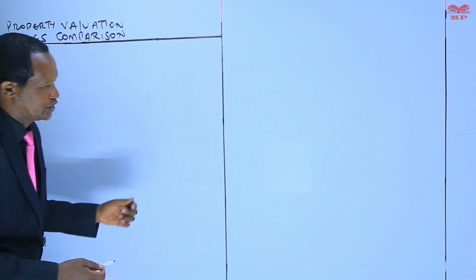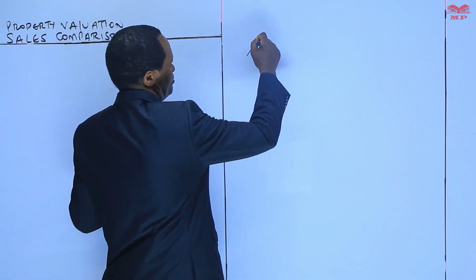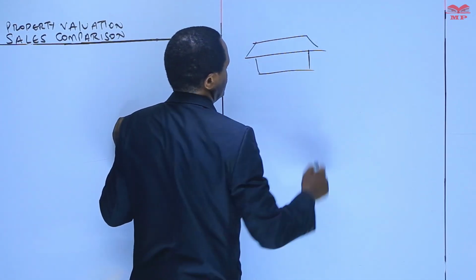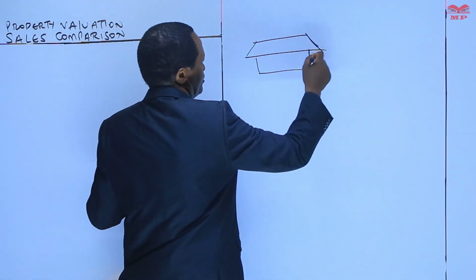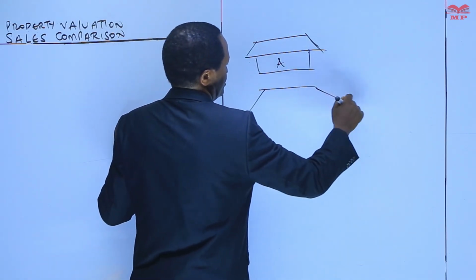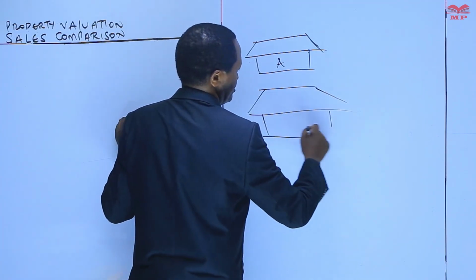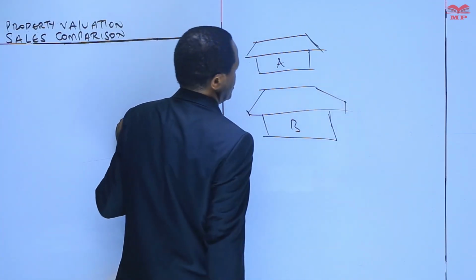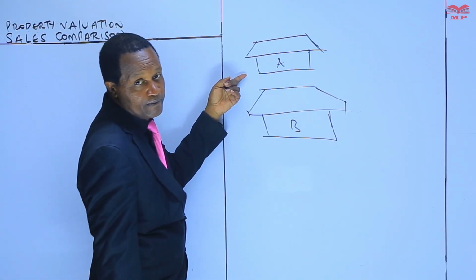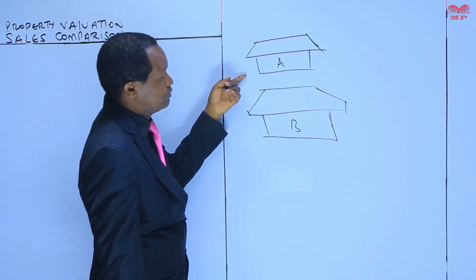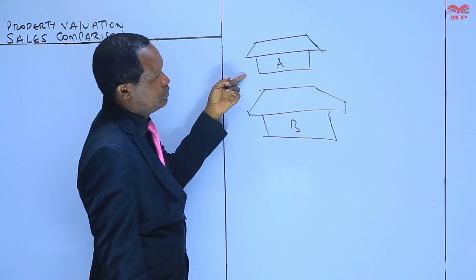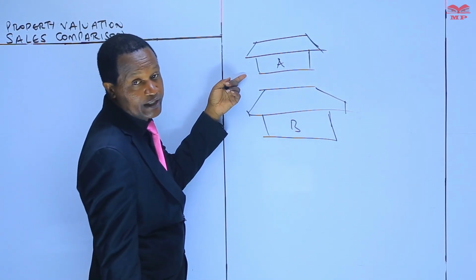So if there are two houses, because candidates, you are talking about comparison method. So if this is maybe property A, then we have property B. If a buyer would want to purchase property A, we are assuming here that the buyer is a rational buyer.